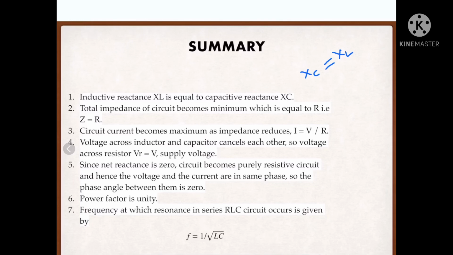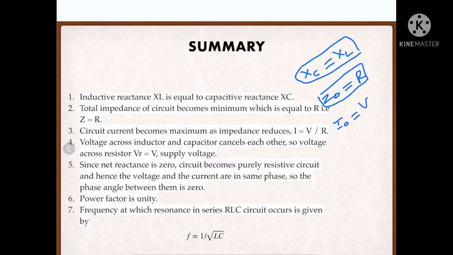This is the most important condition for resonance. After that, total impedance of the circuit becomes minimum, and which is R. So at resonance, Z naught is going to be equal to R. After that, current will be maximum, and this will be equal to V upon R or V upon Z naught.